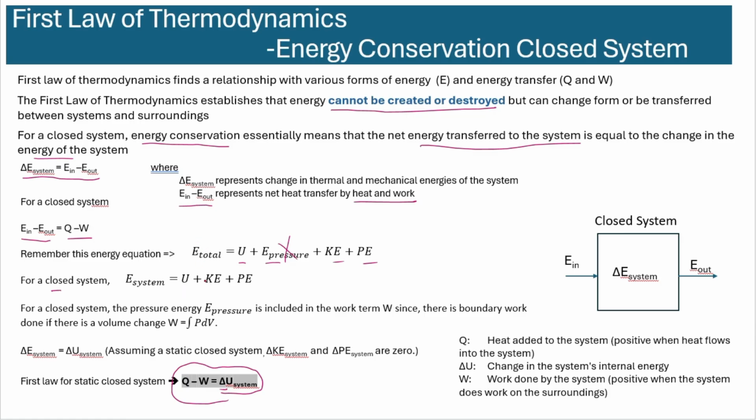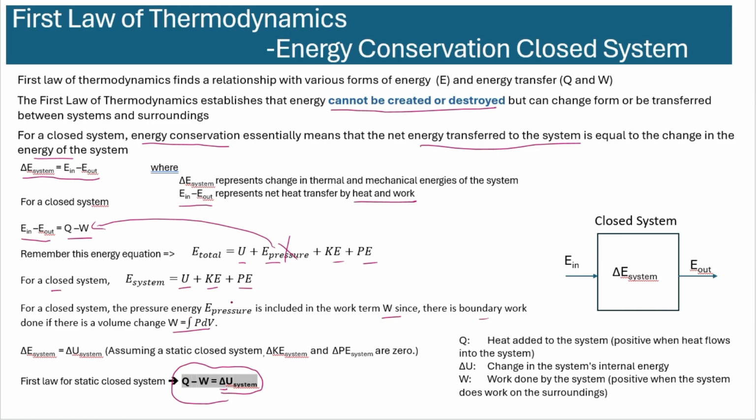Remember this, otherwise it will get confusing sometimes. For a closed system, the energy of the system is only internal energy, kinetic energy, and potential energy. The pressure energy is included in the work term, so it goes into this term, W. It's not included in the Q. It's usually accounted for as the pressure volume work.